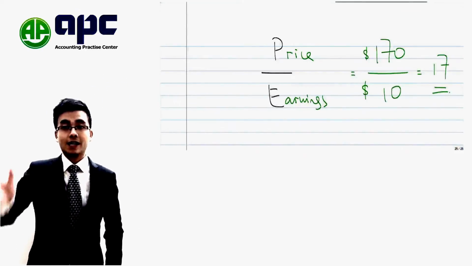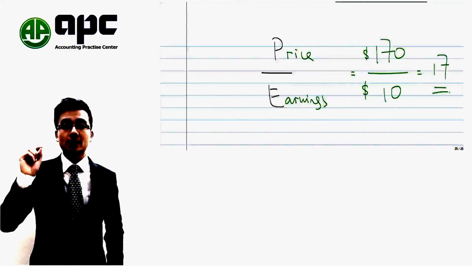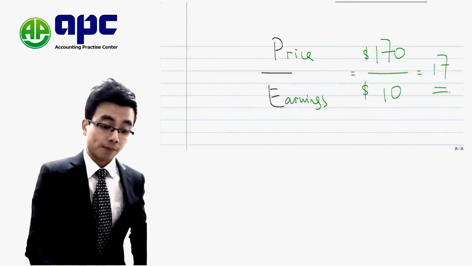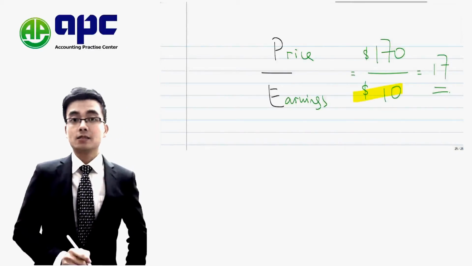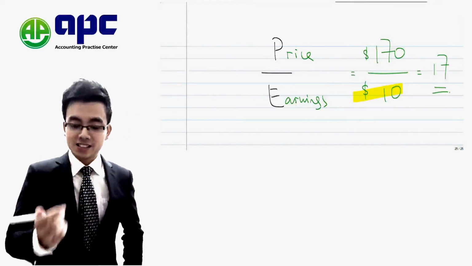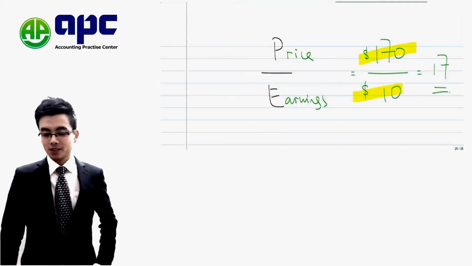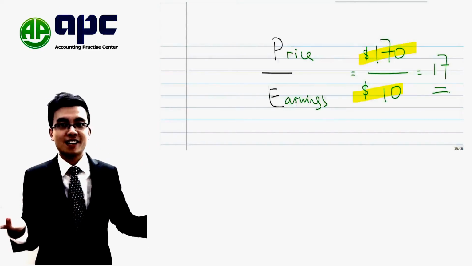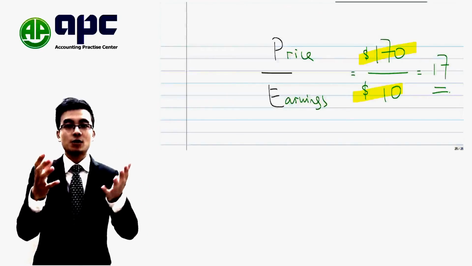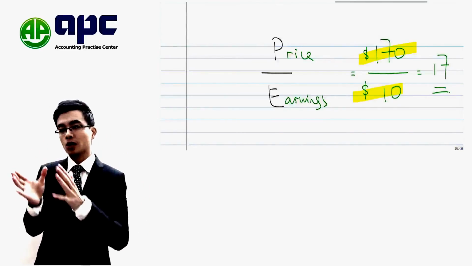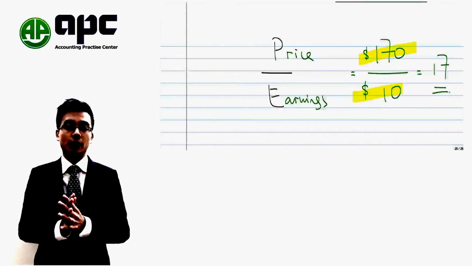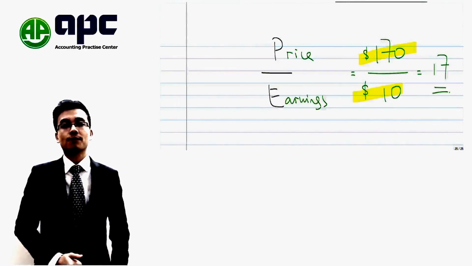So the higher the PE, the better the company will be. Why is this the case? If you think about it this way, you make a profit of 10, but you can sell it at 170. Very high, isn't it? You can sell at 17 times more than you actually earn. So that can show that the company has a good future.